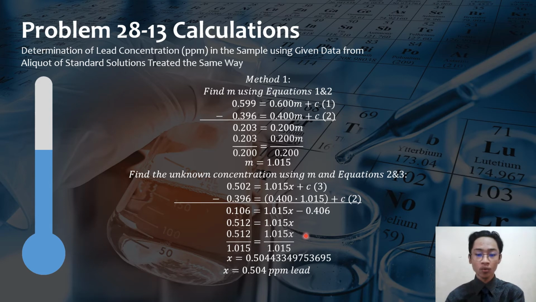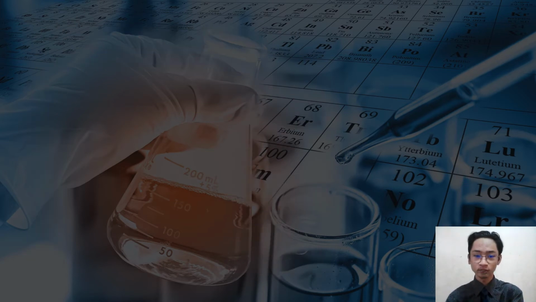Dividing both sides by 1.015, we get our unknown concentration of 0.504 ppm. That is method 1.